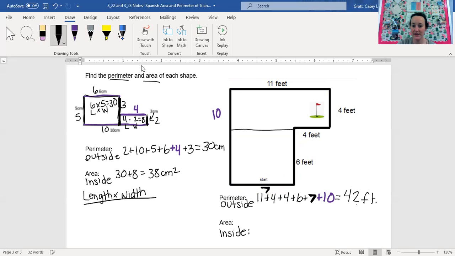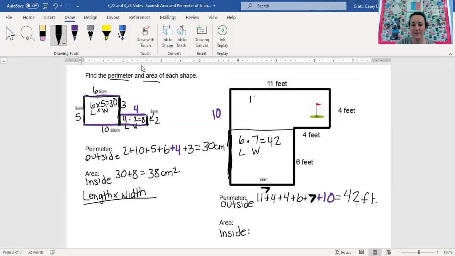Let's go back to that length times width. So my length here isn't 10. 10 is this entire side length. I'm only doing this side length. So this side length is 6 times my width is 7. I get 42. So there are 42 little boxes inside of here.